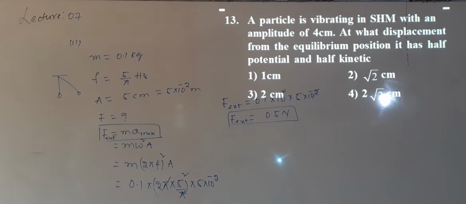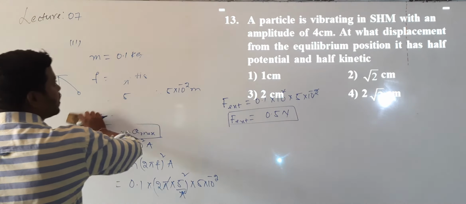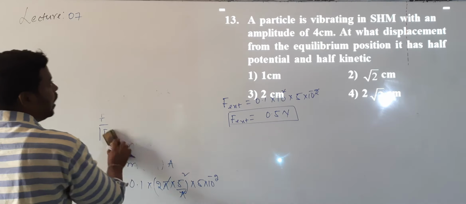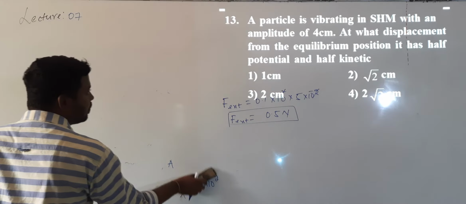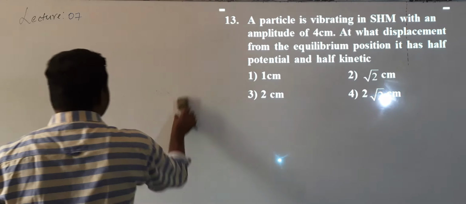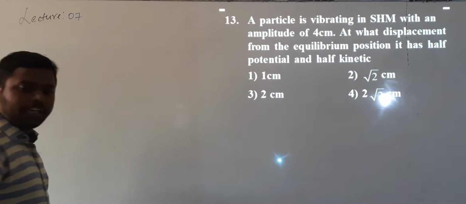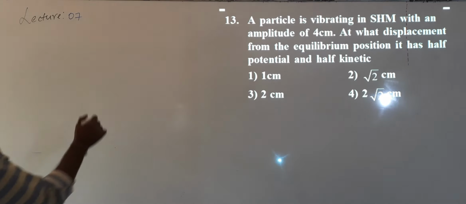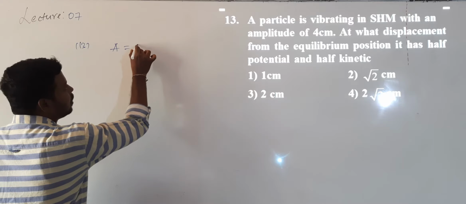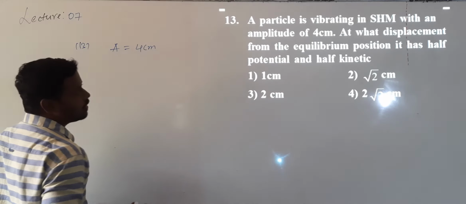Question number 13. A particle executing SHM with an amplitude of 4 centimeters. At what displacement from the equilibrium does it have half potential and half kinetic energy? Here, what is the amplitude value? A value is 4 centimeters.